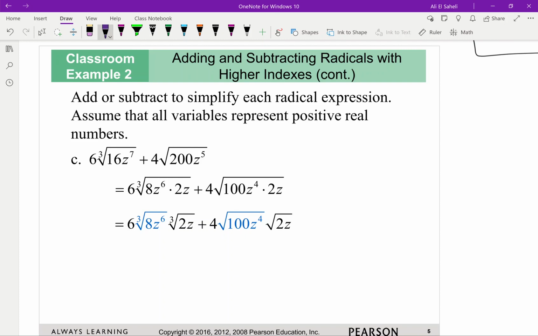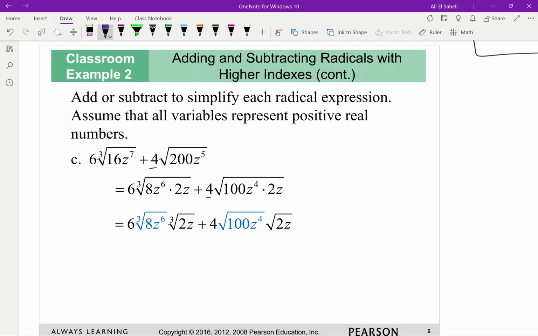Now 6 stays outside the radical sign. 16 is 8 times 2, because the 8 is 2 to the power 3. Z to the power 7 is Z to the power 6 times Z, because 6 is divisible by 3.